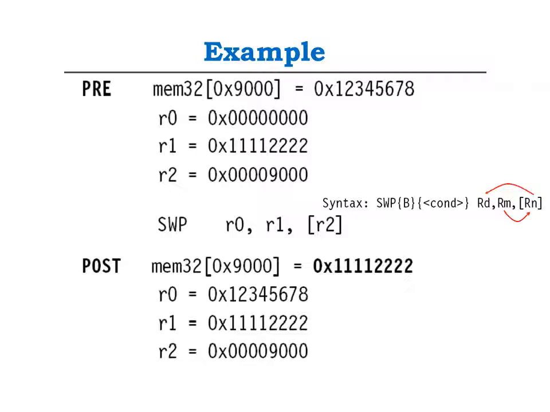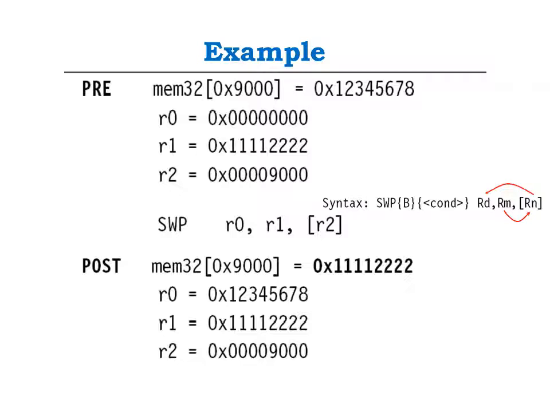So in the memory location 9000, the data 1, 2, 3, 4, 5, 6, 7, 8 is existing, and R0 is having the value of 0. R1 is having the value 1111, 2222, and R2 is referring to memory location 9000.